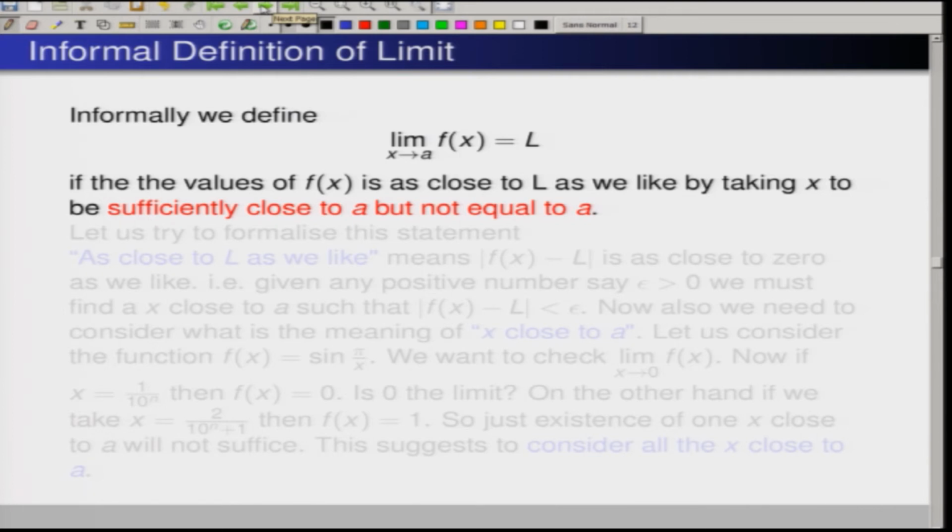So, informally we write the limit as x goes to a of f of x is equal to a number L if the value of f of x, which in our earlier problem is the slope, is as close to L as we like, by taking x sufficiently close to a, but not equal to a.